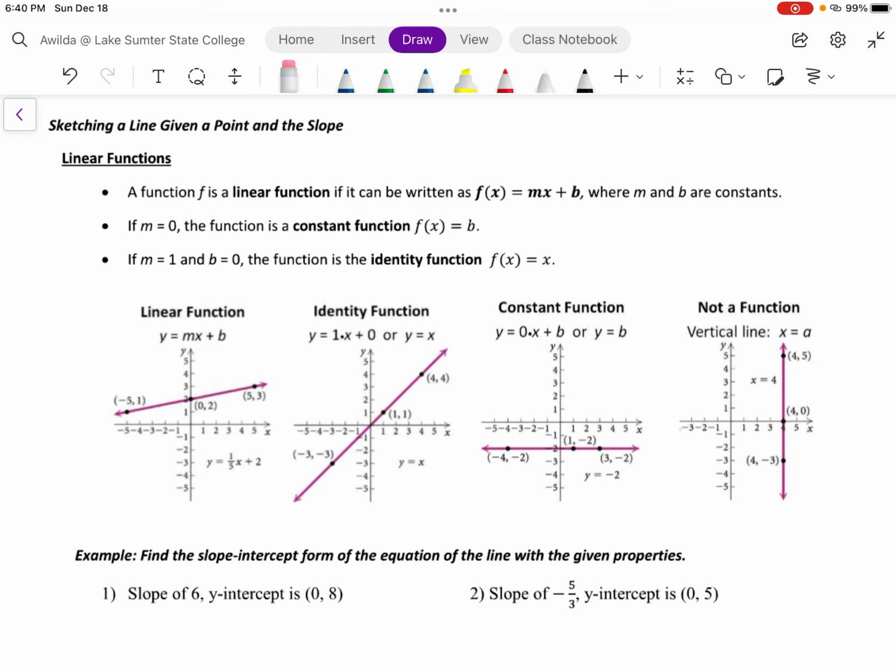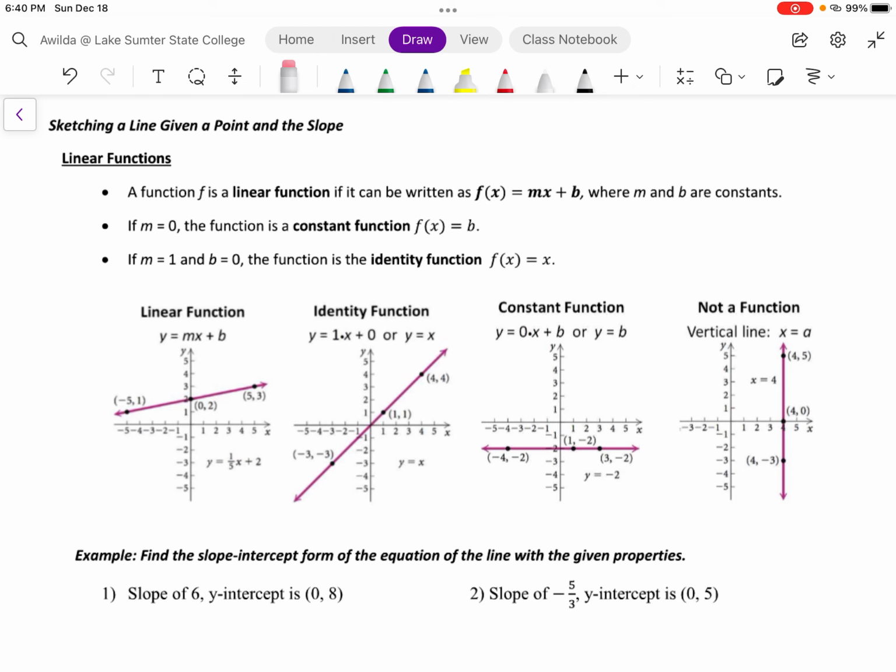Look at the four graphs below. In the first, we have a linear function that has a y-intercept equal to positive 2. And a quick calculation will show us that the slope is equal to 2 divided by 10, so 1/5.